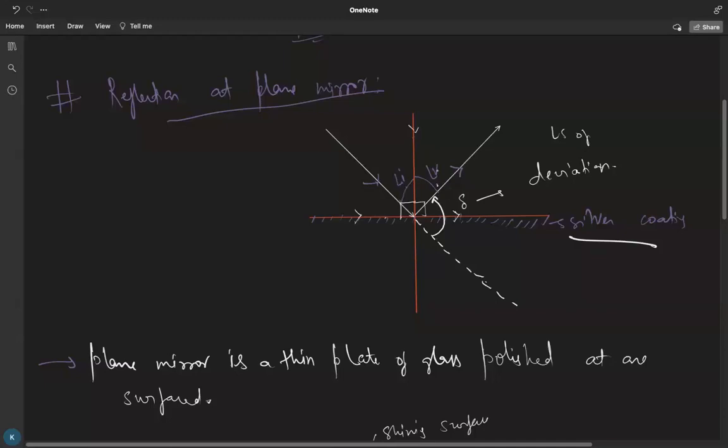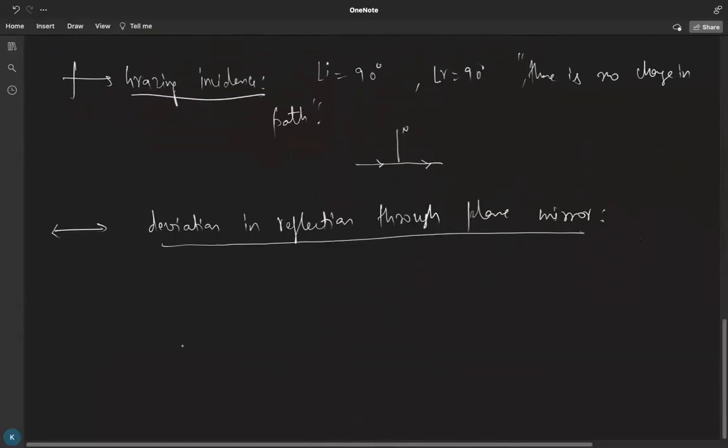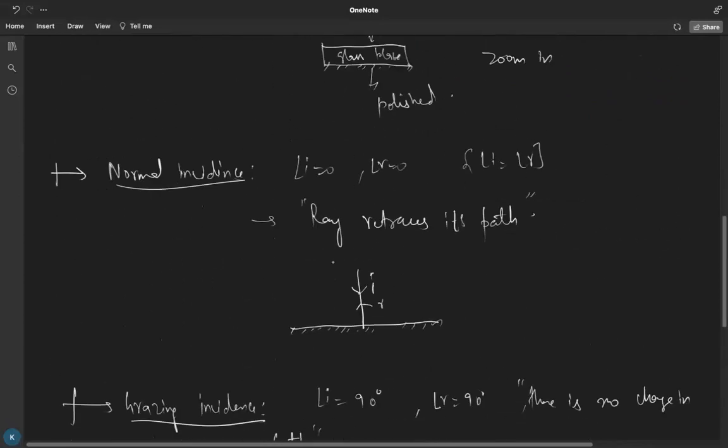So we can do one more thing. Let's call it the straight line LPQ. The sum of all angles on the straight line is equal to 180 degrees, right? So angle I plus angle R plus the angle of deviation is equal to 180 degrees.